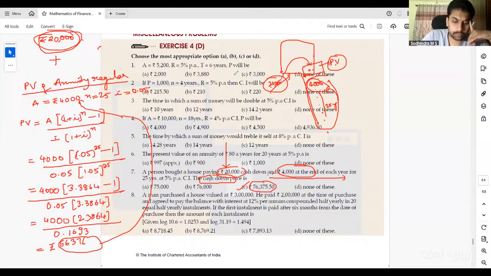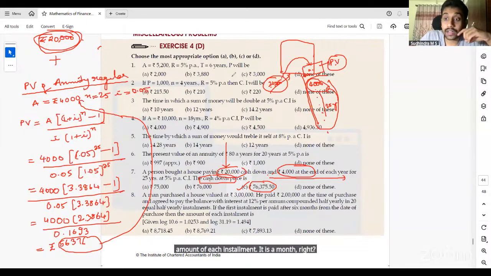So here we need to calculate the amount, right? Amount of each installment. Yes, correct. It is an amount, right? Present value in the sense of amount, right? Annuity. Not amount. Annuity amount.